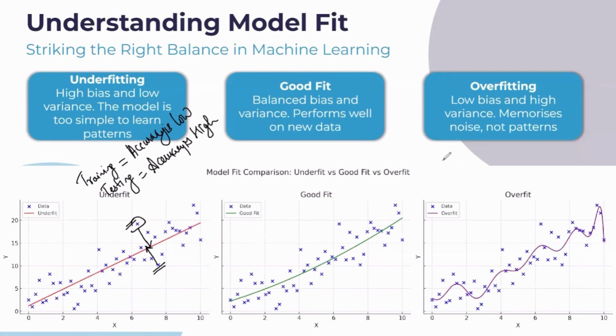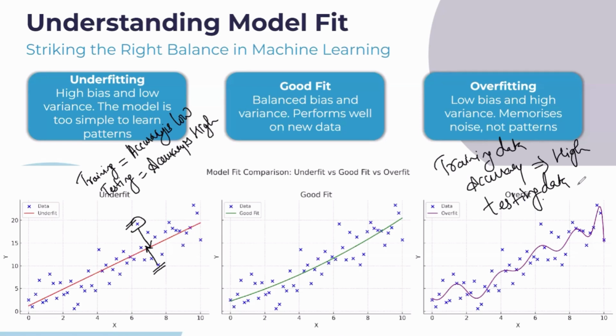In overfitting, what happens is that when I'm testing my model on training data, the accuracy is high. And when I'm predicting the values for my testing data, the accuracies are less.